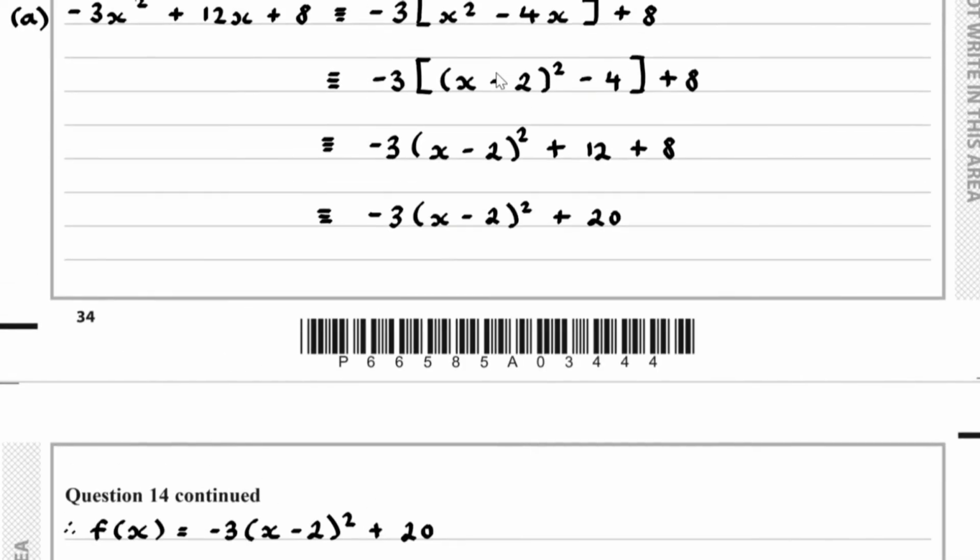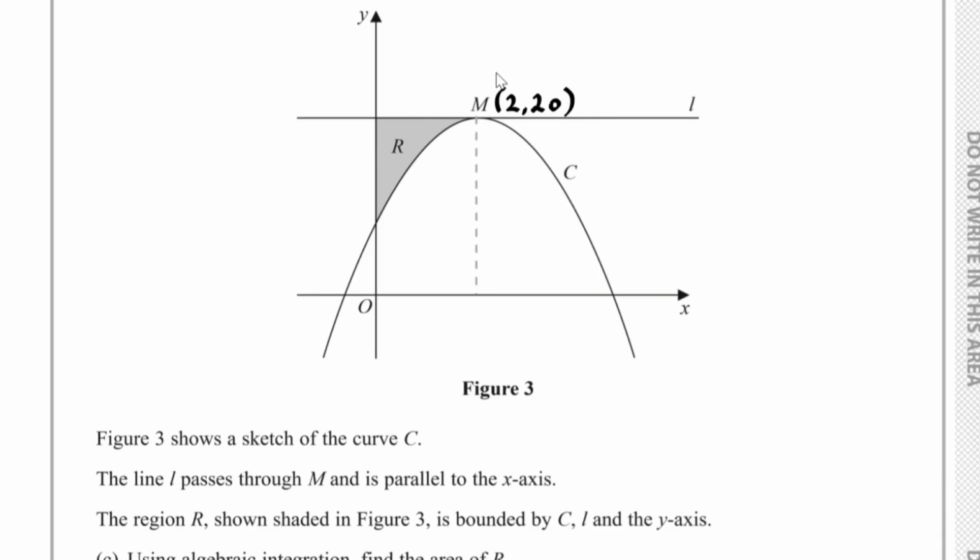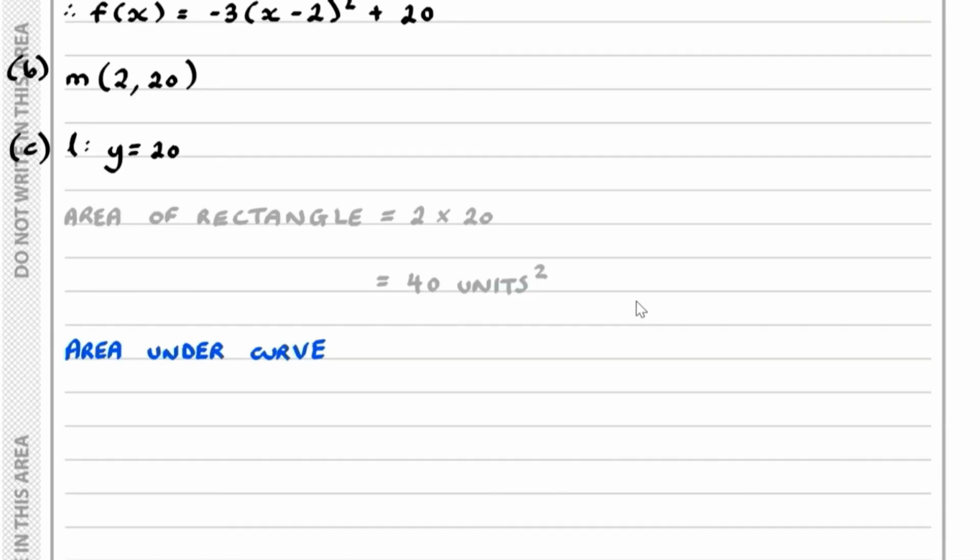We can now find the area under the curve between 0 and 2. So the area under the curve we can find using integration. We can integrate between 0 and 2 minus 3x squared plus 12x plus 8.